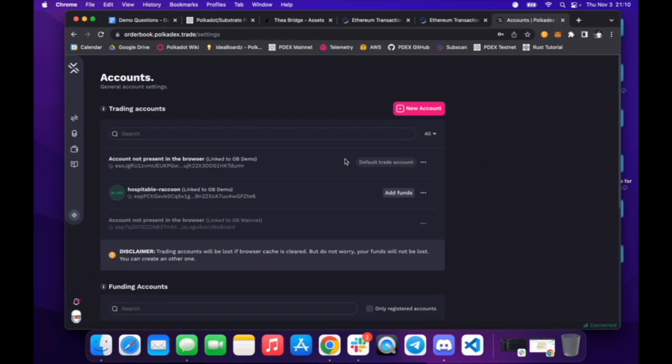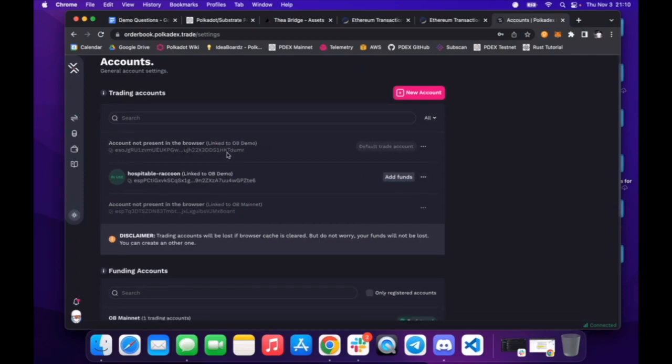As I'm adding multiple trading accounts that are linked to one funding account, the funds are available across all those trading accounts. Let's say I have two trading accounts that are linked to OB demo. This account is not there on this browser anymore. Maybe I imported this account to my mobile app. If I add some funds to this other account, they will be shown in this account as well.